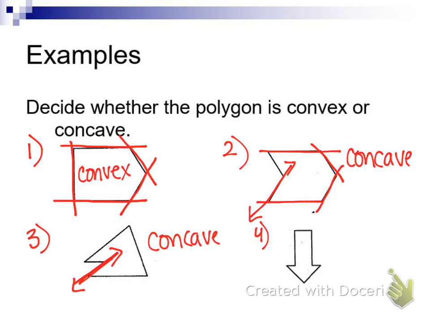Where at, Kian? Yeah. Like here? Yes, these would cut into it. So that makes number 4 concave.